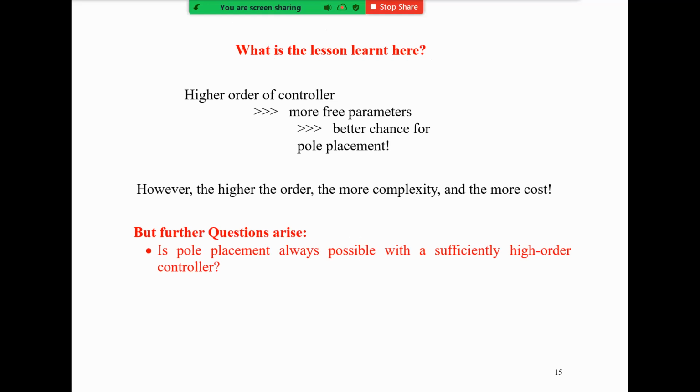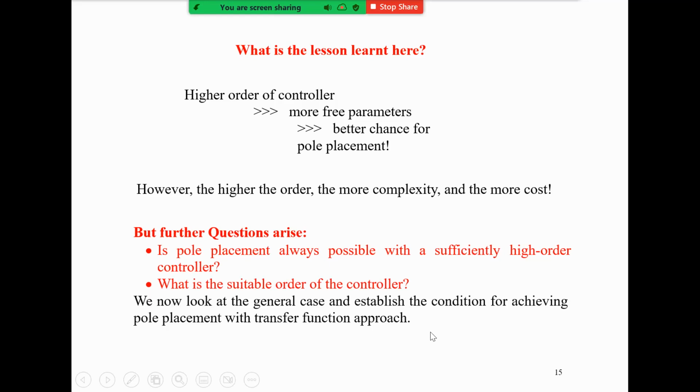Assuming we have a sufficiently complex higher order controller, can we always get a solution to the pole placement or not? Then, what is the proper order of the controller? Now we'll look at the general case, and we will find out the condition for achieving pole placement with the transfer function approach.